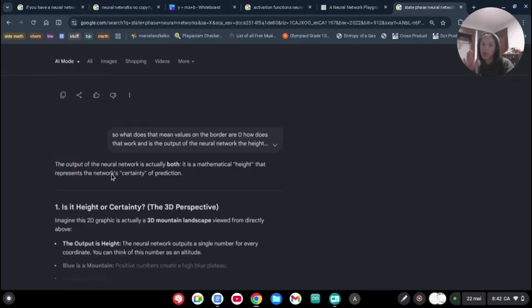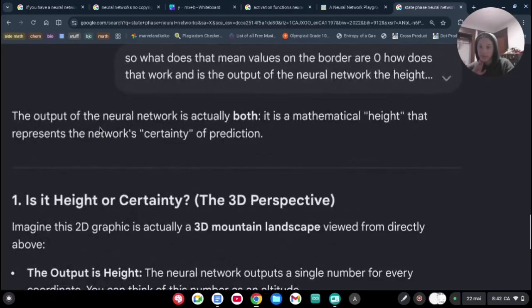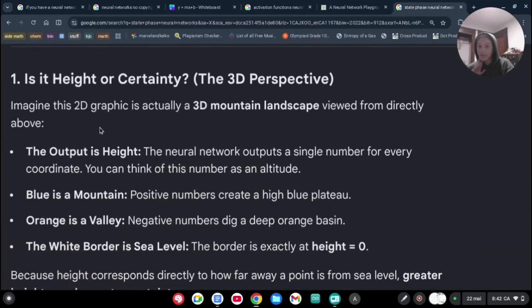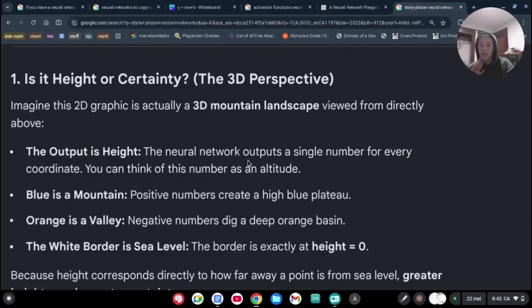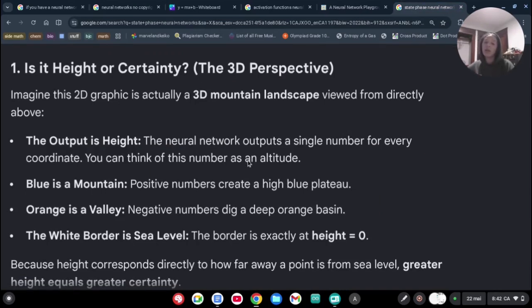I guess this is complicated stuff, guys. So it's both, apparently. Okay, so they're asking us to imagine this was a mountain viewed from above. Now the output is the height. Okay, that makes sense. So for each number you feed into the neural network, it will give you an altitude.